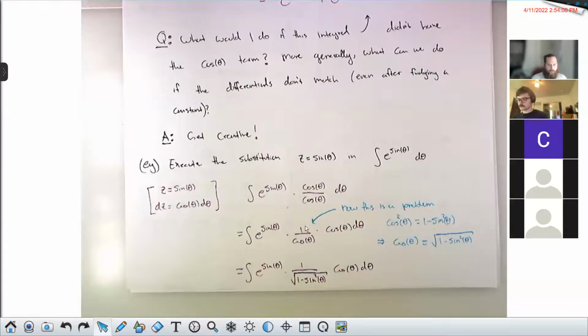Why? Because this piece is going to get soaked up by the dz. It's just going to be dz. And everything else that's left over is in terms of sine theta, which is z itself.